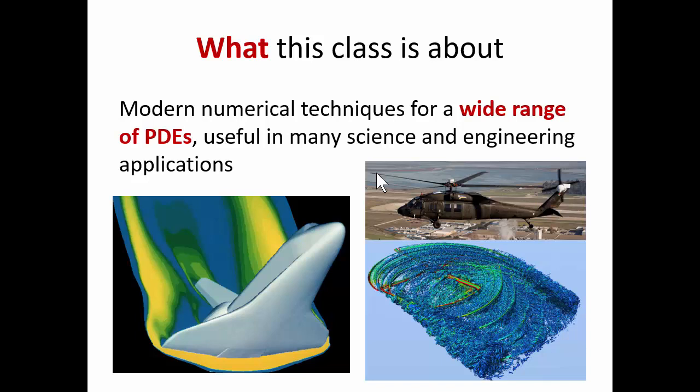So having numerical simulation to replace this both saves time, saves money, and potentially saves lives. If we can build numerical simulations that we can really trust, this is a great benefit to the advance of aerospace engineering and science. So these are applications of numerical PDEs in aerospace engineering.